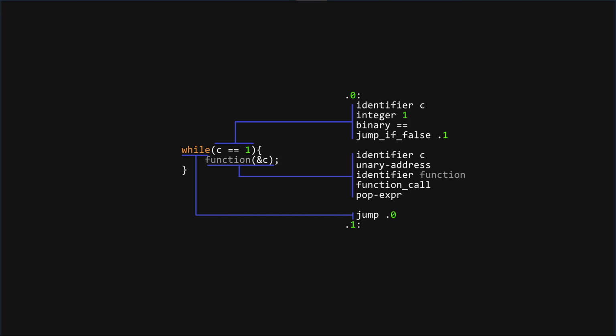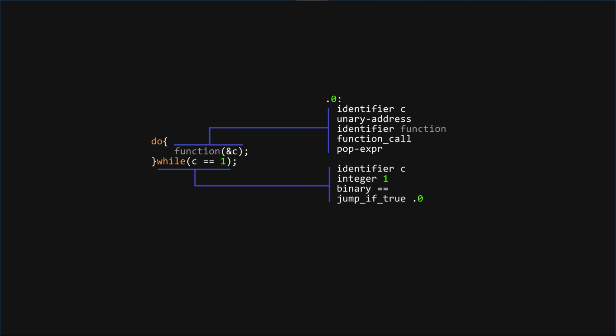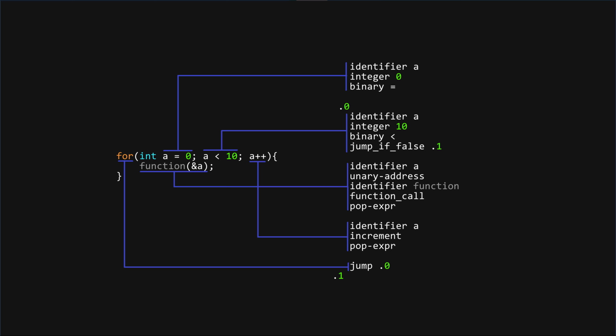Similarly, here's the new code layout for while statements, and for do while statements, and lastly for for statements. Here the order is somewhat interesting, because the nodes are not evaluated in source code order. In the source code, we first have the initialization, then the condition, then the increment, and then the body.